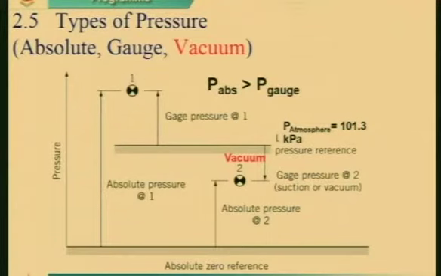In that case, it is called vacuum pressure. But mind it well, gauge pressure can be positive or negative based on its level above the atmospheric pressure or below the atmospheric pressure. If it is above, like in 1, we say gauge pressure at 1 is positive.